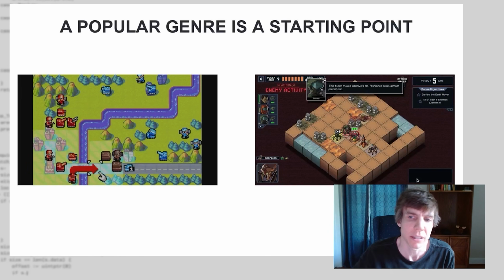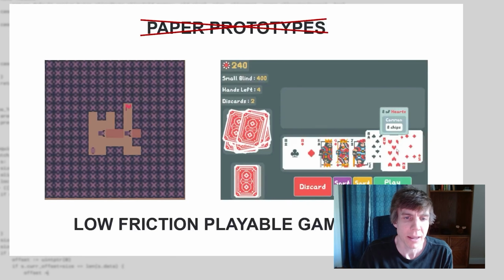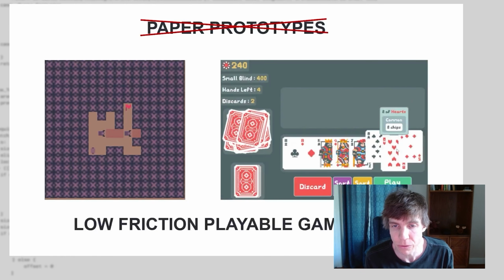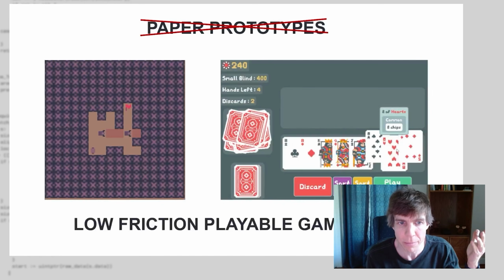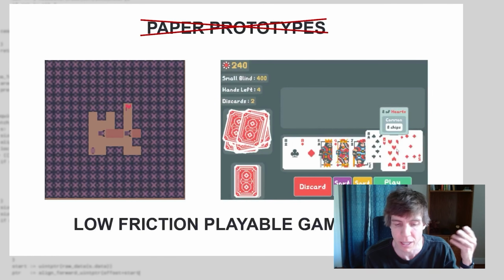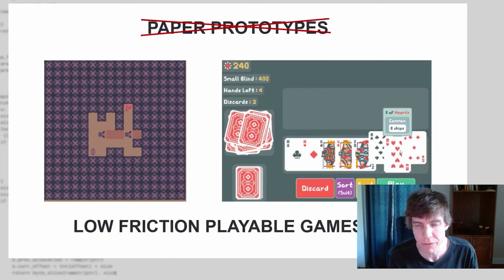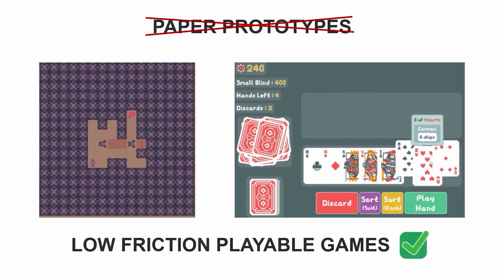So once you have an idea for your game, once you have, okay, I'm thinking about a specific interaction, something that I want to start to build, what do you do to actually get started? I think there's a lot of conflicting advice about this.